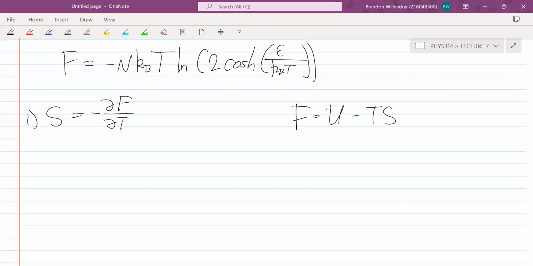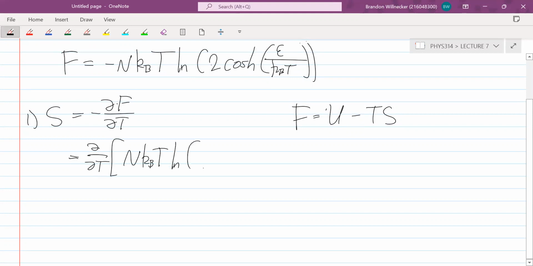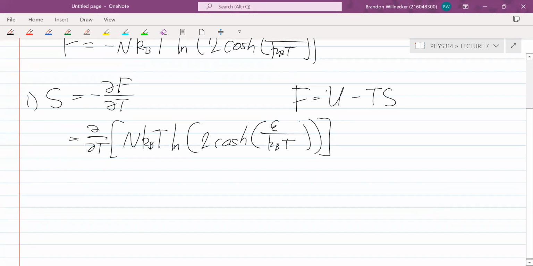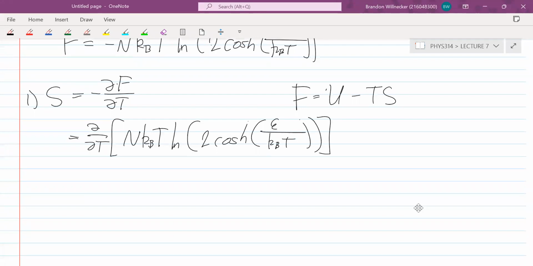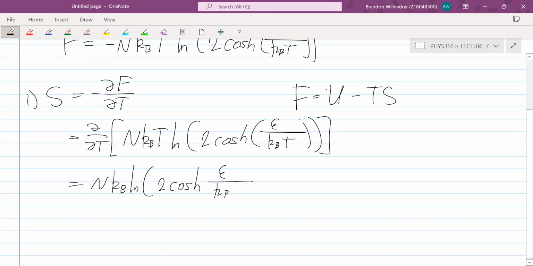So minus dF by dT, that's going to be d by dT of n kBT, the natural log of 2 hyperbolic cosine of epsilon over kBT. We need to use the product rule because we've got 2 functions of T here. So the first one is going to be n kB, the natural log of 2 hyperbolic cosine epsilon over kBT, and then we have a plus, and now we do the other part.